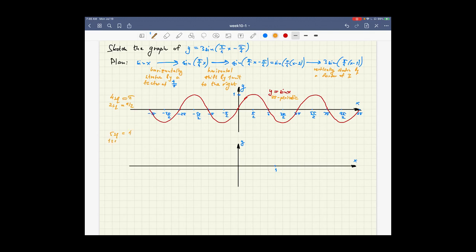So 1 square is, rather, 1. If we divide this by 4, 1.25 squares is 1 unit.